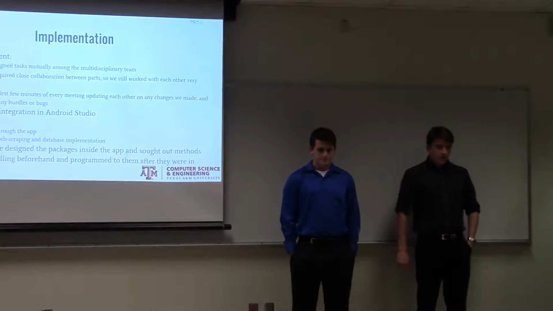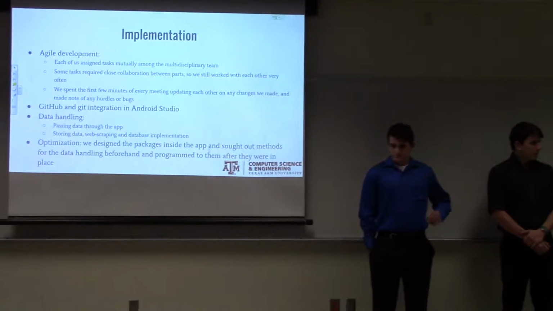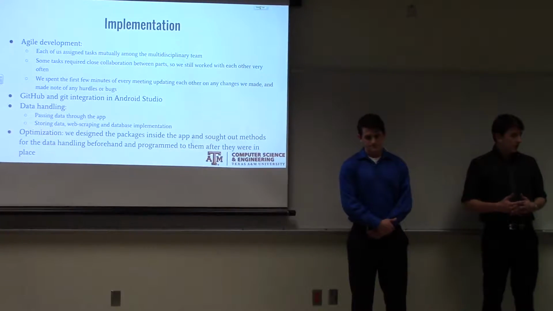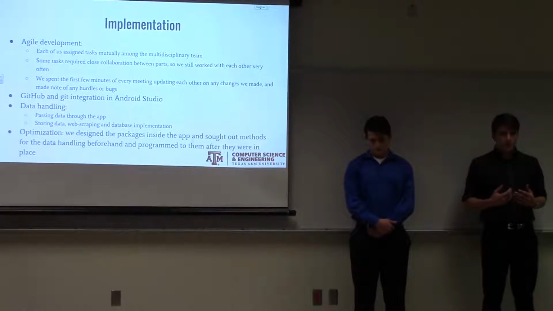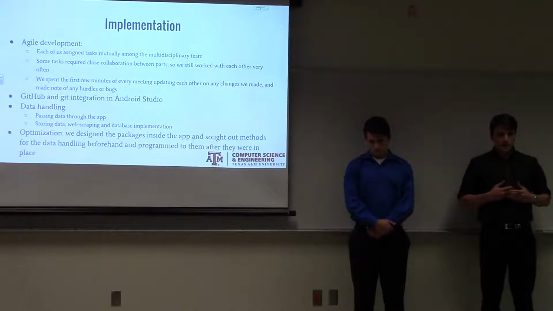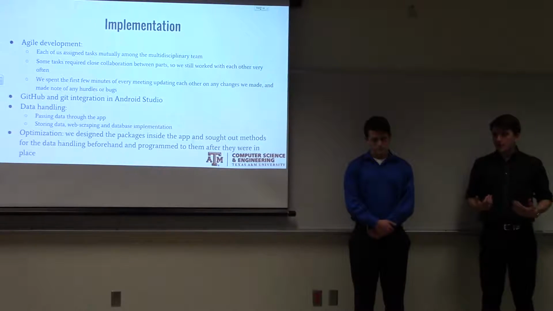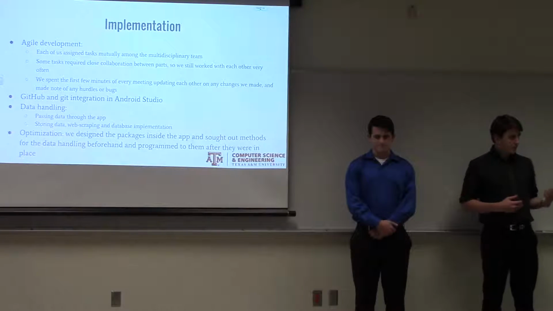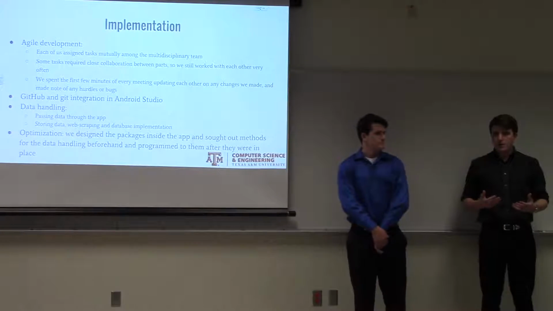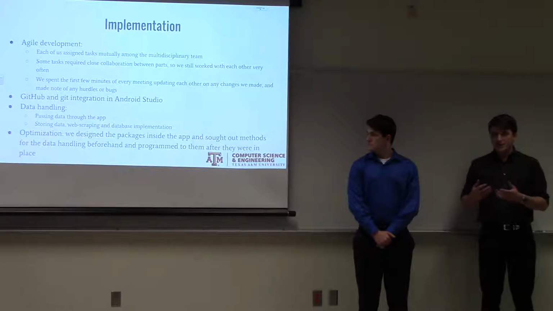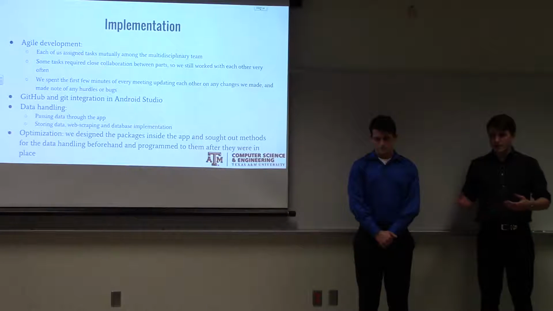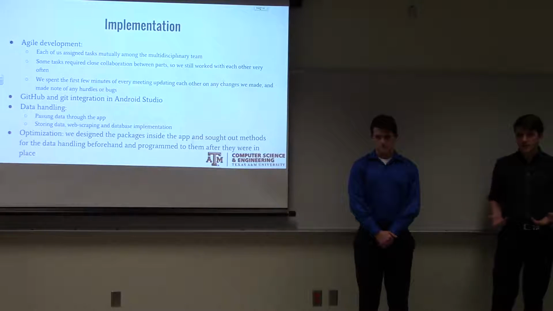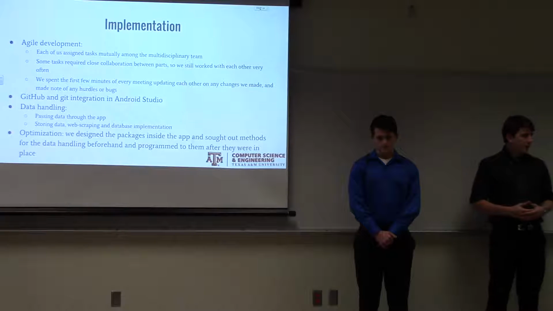Okay, so to implement this, we used agile development, and we basically were a multidisciplinary team. I've already built an Android app before. None of these guys have, but they are used to programming. Obviously, they're computer scientists. So we each went to what we're best at. We assign tasks, I guess, and no one person is a leader, so we all just kind of agreed on who would do what.